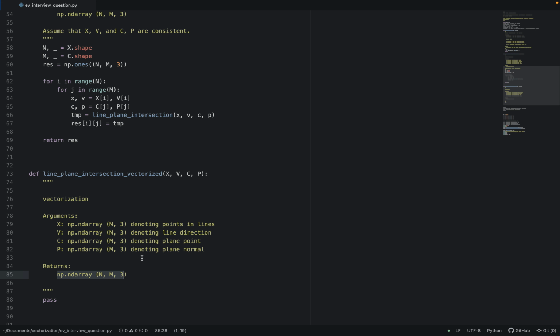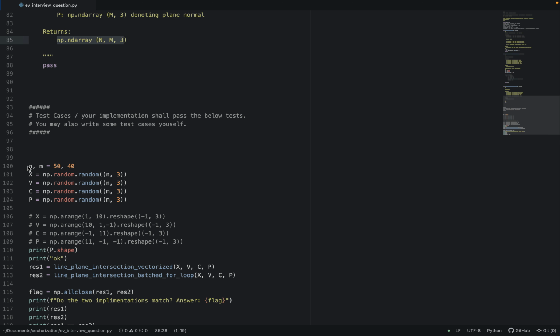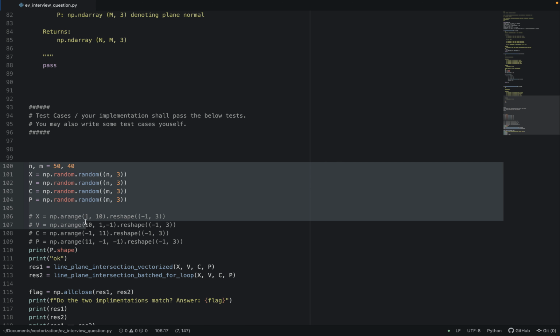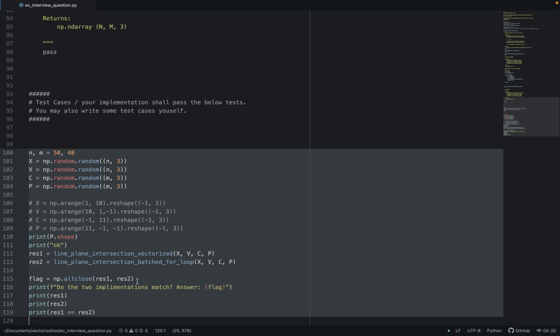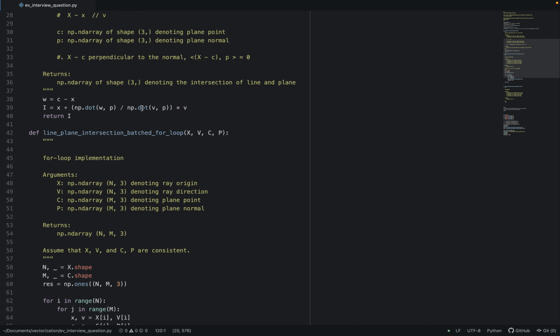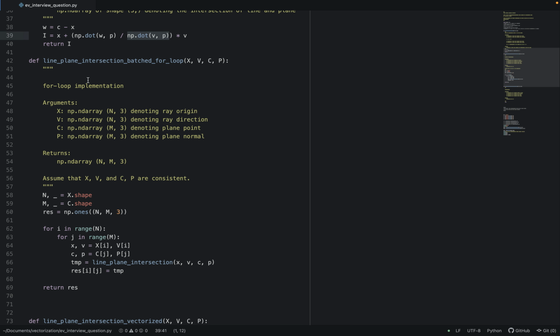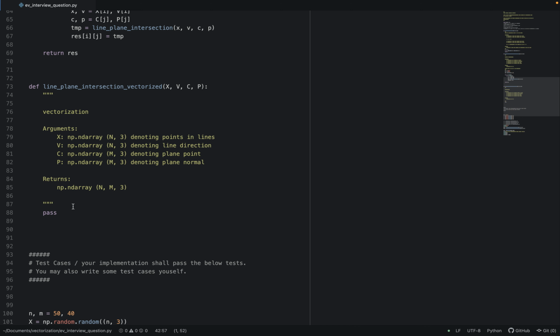Your implementations should pass some test cases. Here I wrote some custom test cases. Notice that we need to pay attention here: we need v and p not to be perpendicular to each other, so that we do not have a division by 0 issue. We can assume this, and then the task is to implement these two functions here and here.